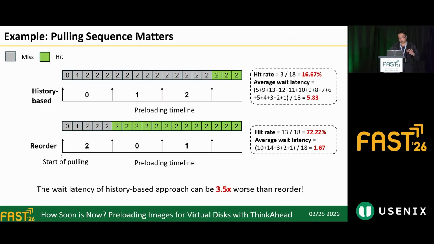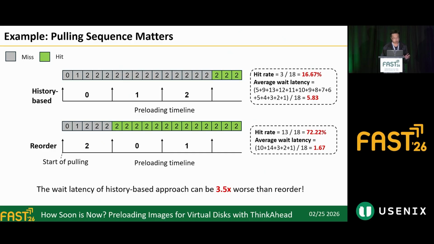However, because of the constrained bandwidth, preloading may take some time. So it will take some time for you to preload block 0 and then block 1, and finally you get block 2. But you'll find that block 2 is accessed very frequently, so it would take a long time until you see the hits, until block 2 is actually downloaded. A different approach would be to preload block 2 first and then block 0 and block 1.